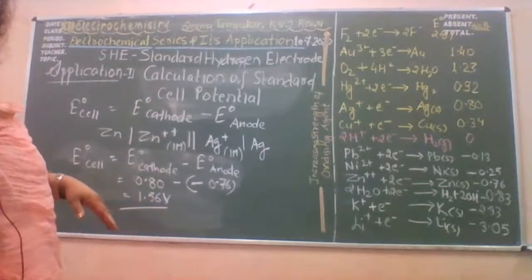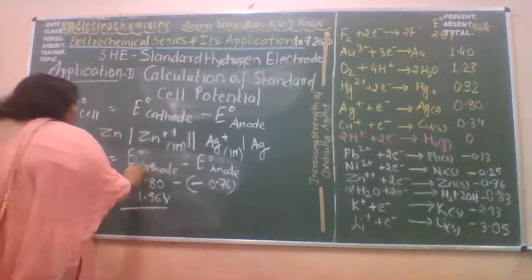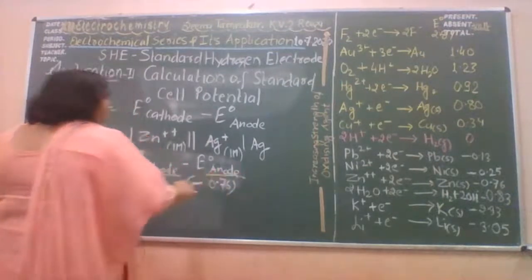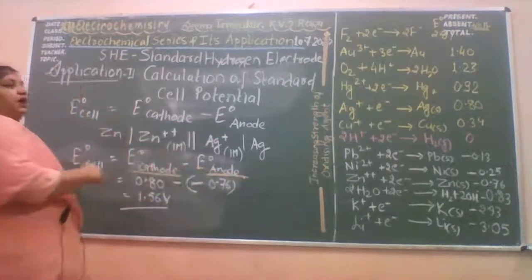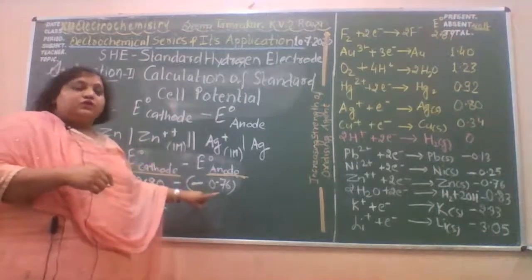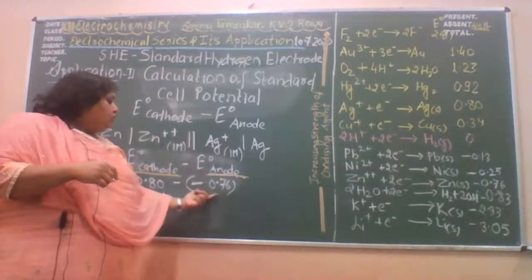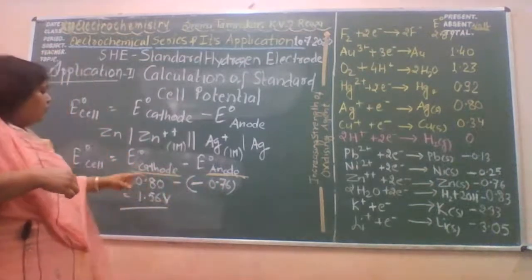The second thing that I want to discuss here is the anode and cathode: which will behave as the cathode and which will behave as the anode. Just by seeing the values, you can come to the conclusion which one is the anode and which one is the cathode.